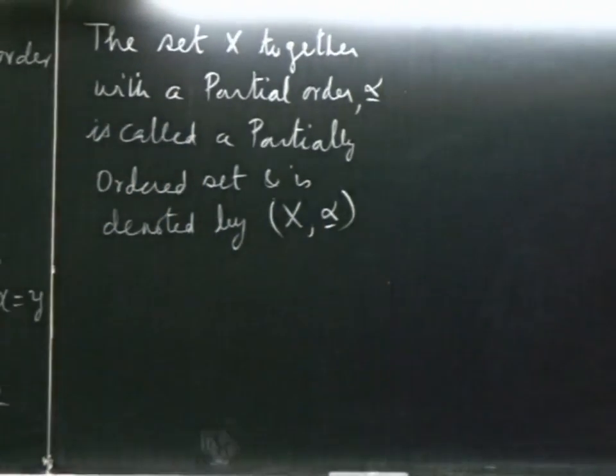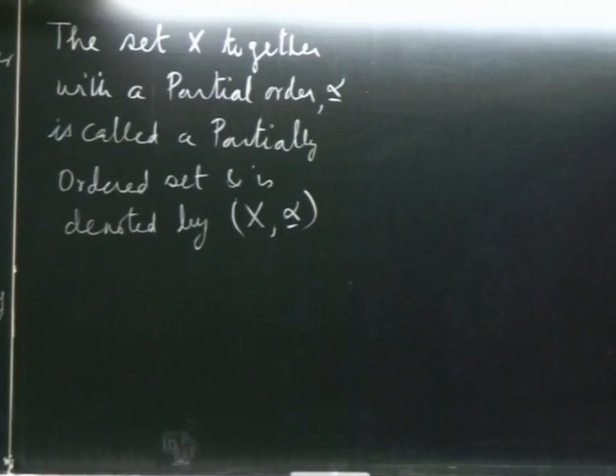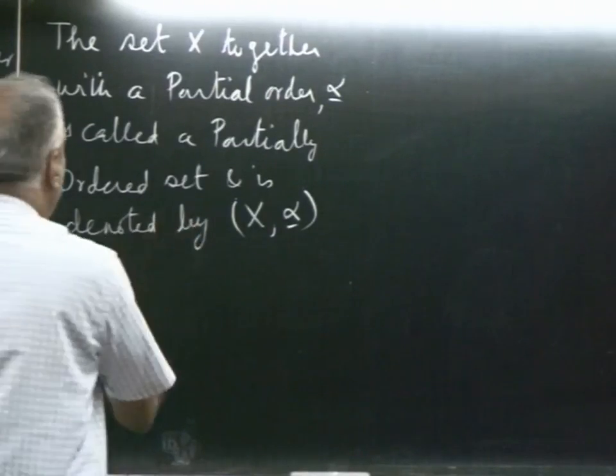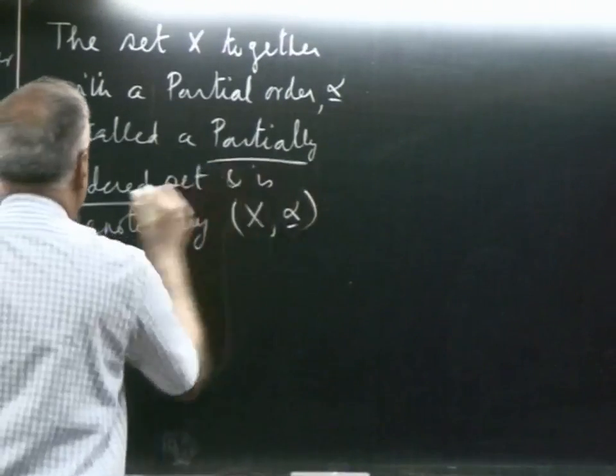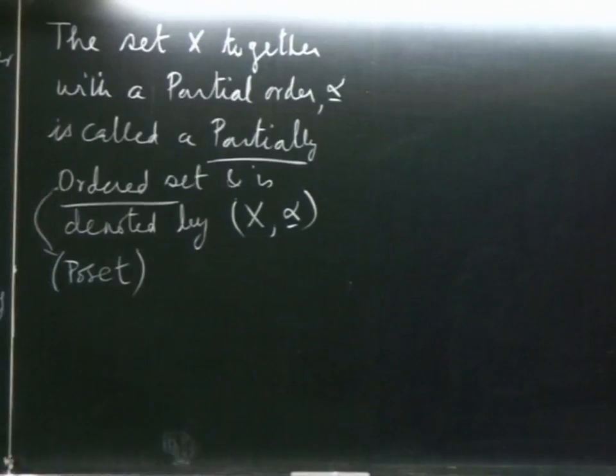So it is a package, the set and the relation. You may have the same set but some other relation, then it becomes a different partially ordered set. As a set they are the same, but as a partially ordered set they are different. Shortly, instead of partially ordered set, we say poset. Okay.